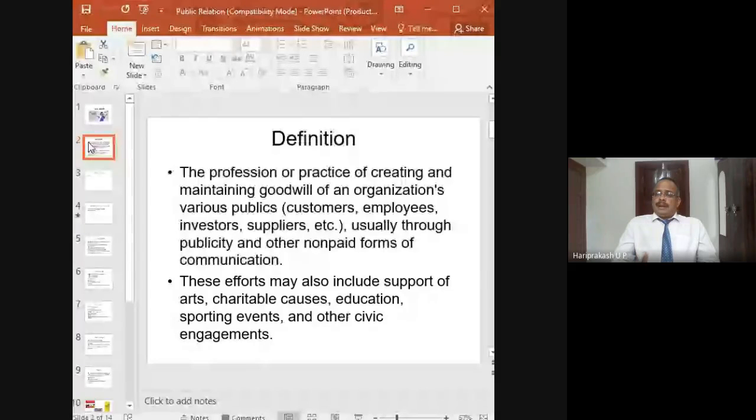Being public limited companies, it is mandatory for them to publish their financial statements in the public media, say newspapers or websites. They are supposed to do that. But otherwise, it is in the sense of doing public relation, building a good relationship with the public or maintaining goodwill among the public. That is what we understand by public relation.